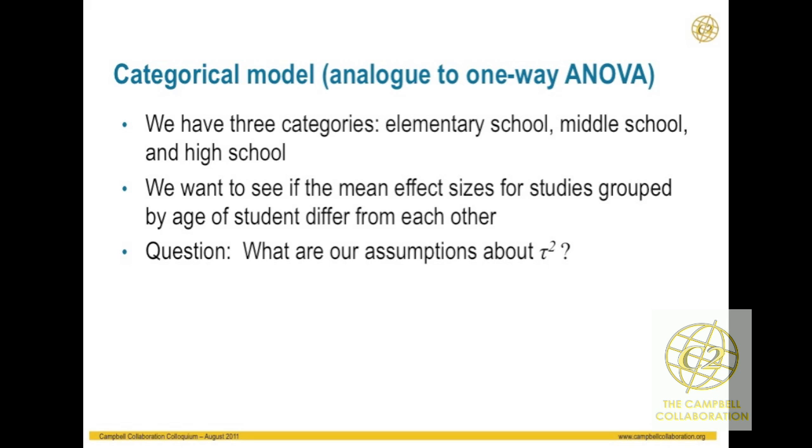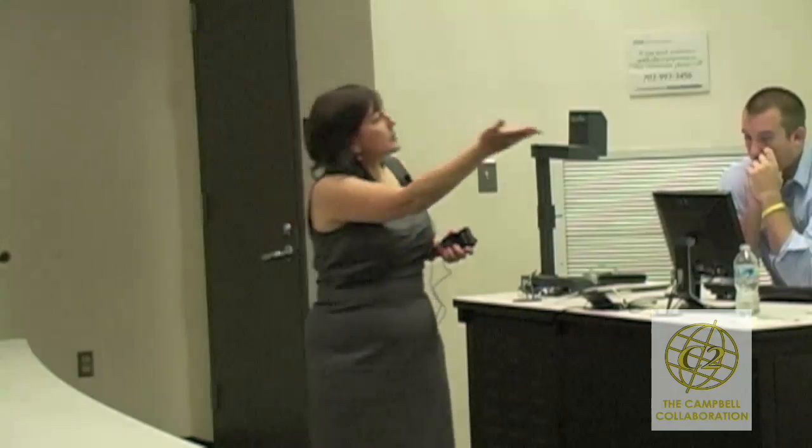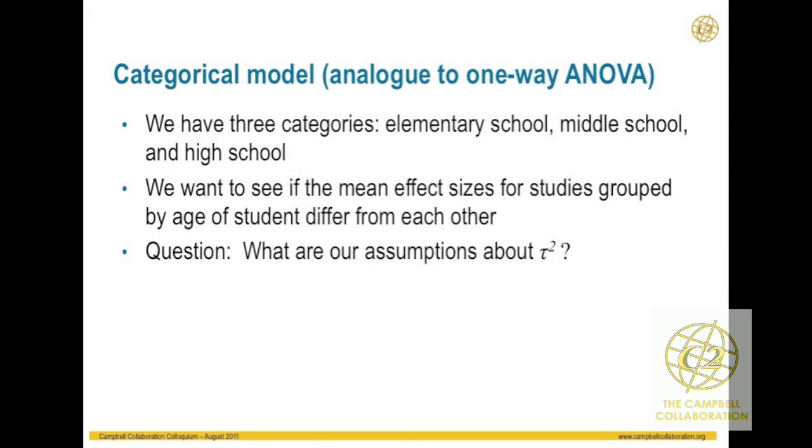So let's say that we have a moderator now that says we want to group our studies, our effect sizes, by whether or not the kids in each of the groups are mostly elementary school, middle school, or high school kids. So we have this simple moderator, which is grade of the children. So we have our three categories: elementary, middle school, high school. It's a categorical. We're going to treat it as a categorical factor.